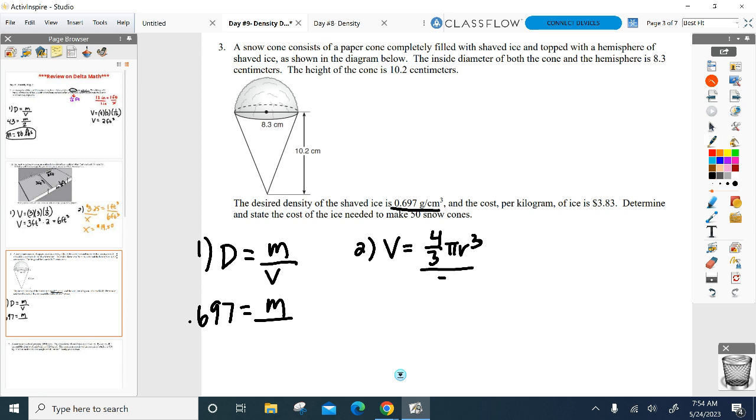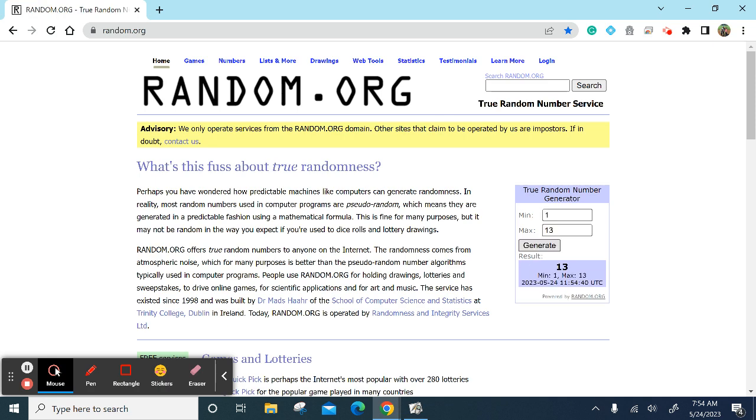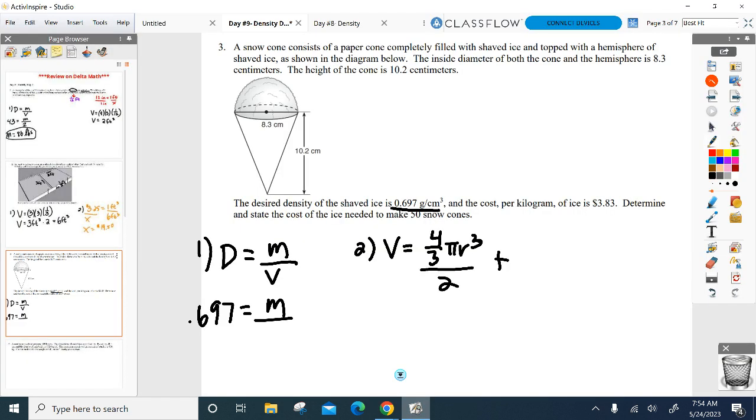And then I'm going to divide that by 2. Yep. Plus, what's the figure on the bottom? 13. Figure on the bottom, Charlie? That's a cone. You got the formula for a cone for me? 1/3 pi r squared. All right. There's going to be the volume. Times the height. Thank you. Times the height.